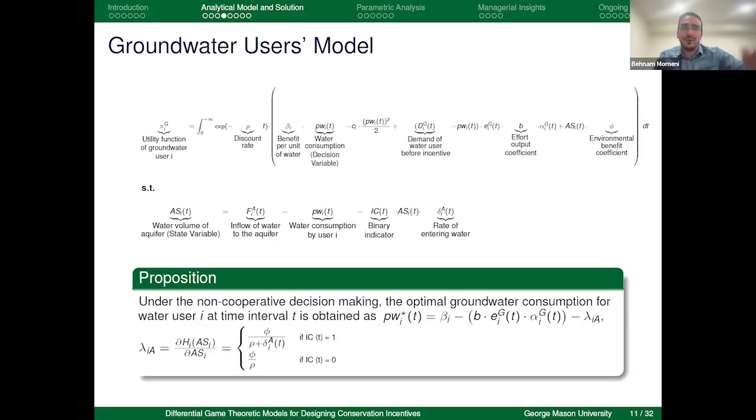Yes, thank you for your questions. Actually, we consider positive infinity. It shows that when we have water consumption, this model will be used and we capture the optimal water consumption. In further seasons, for example the winter that we do not consider, we do not have any water consumption.